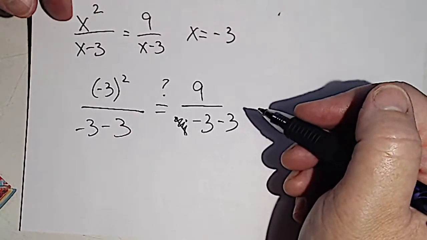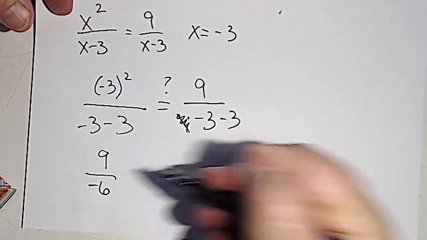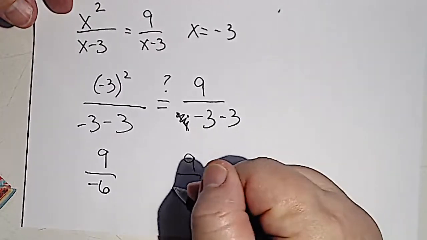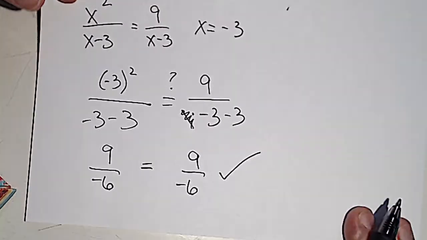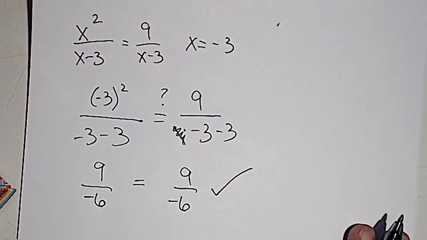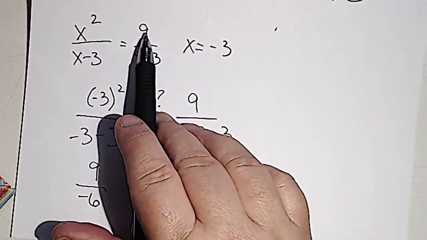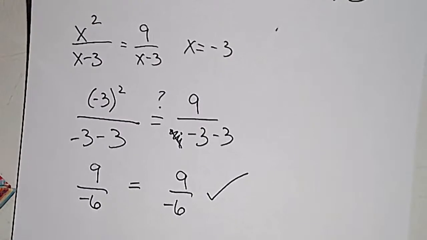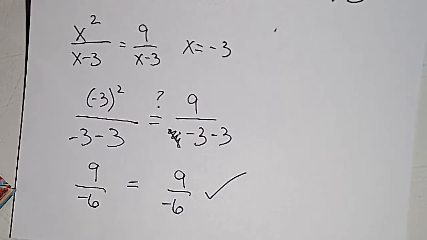Well, yeah. Over here we get 9 over -6. Over here we get 9 over -6. Those are equal. Check. Take a look at that. Because x squared, when x is -3, equals 9, you end up with matching left and right sides. So the answer is x equals -3.